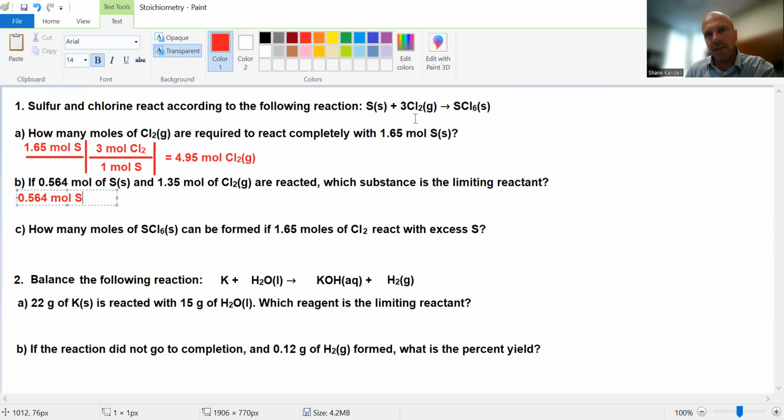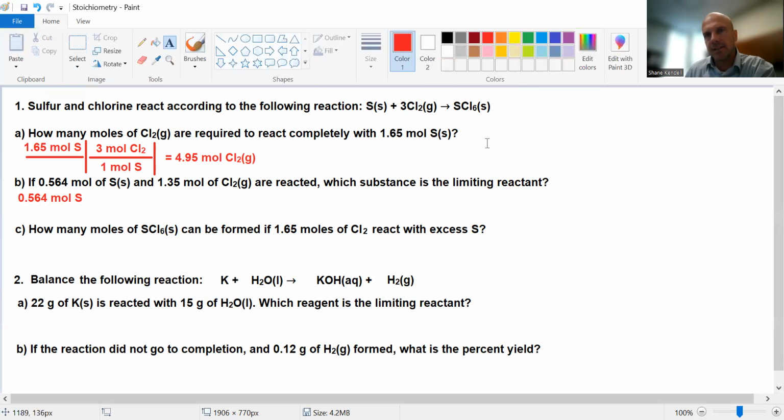And whichever method gives me the most SCl6 is the reagent that's in excess, and the one that gives me the least amount of SCl6 is the one that's limiting. Okay. There is another way that we could look at this, but I'm just going to do it this way for the time being, just to reinforce these conversions.